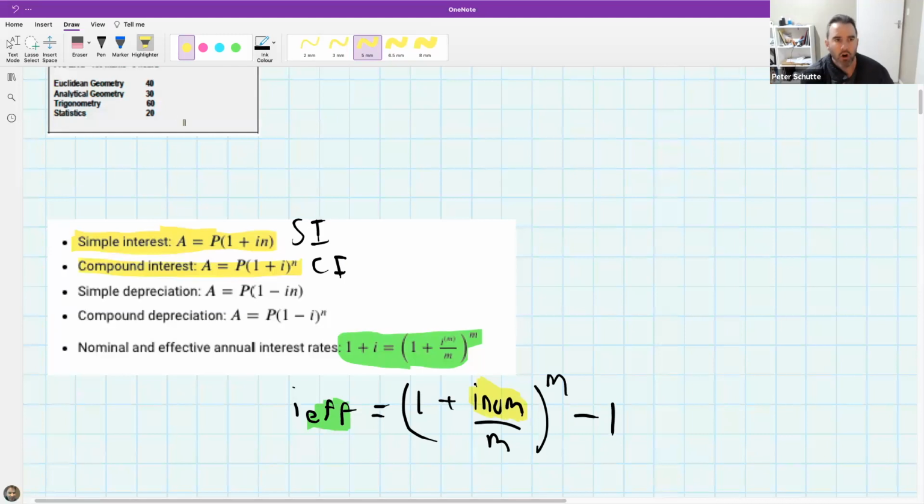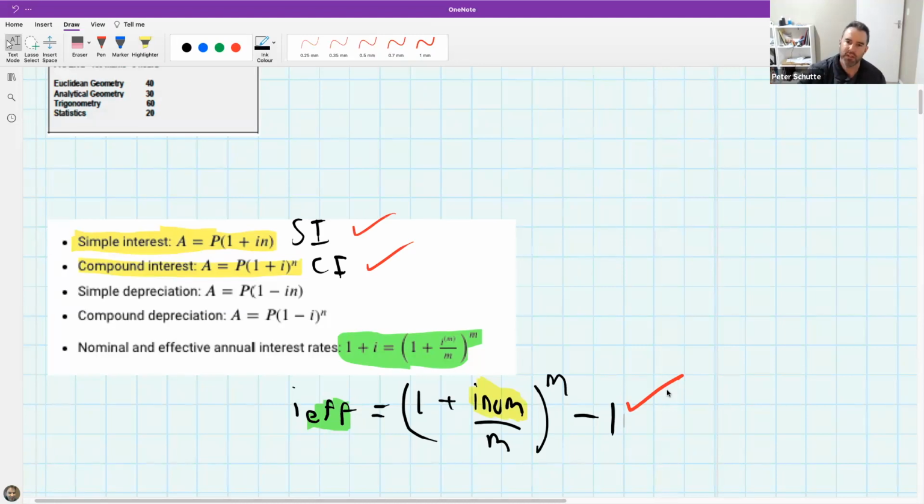So those are the 3 formulas you should be familiar with after the first 2 lessons. Give me a thumbs up if they do look familiar. Give me a thumbs down if they look unfamiliar. Okay.